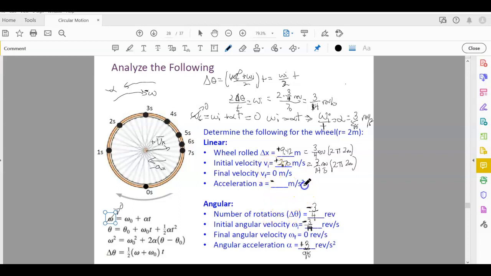Well, the linear acceleration portion is no different from the linear velocity and linear displacement. We're going to take the angular acceleration, 3 over 98 revolutions per second squared, and we're going to multiply that by the circumference of the circle. So this is just going to be a big mess.